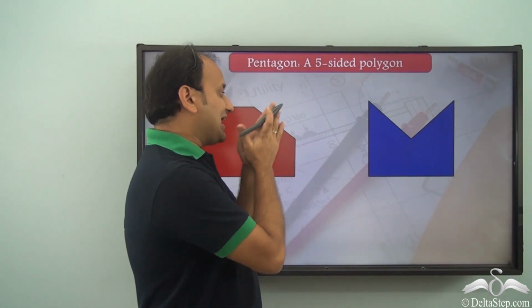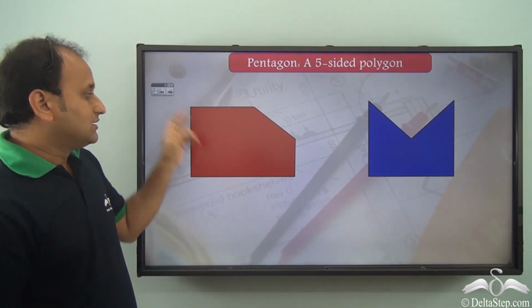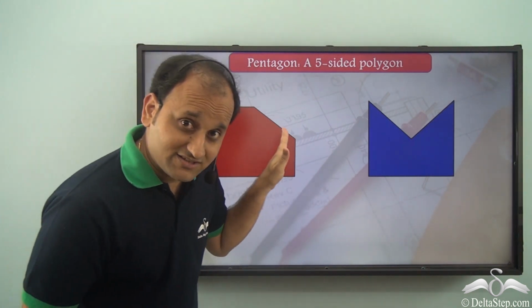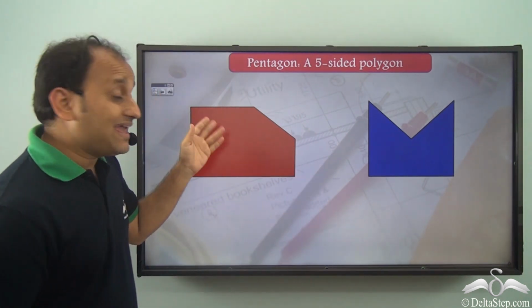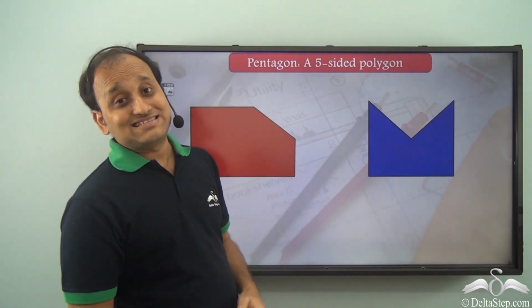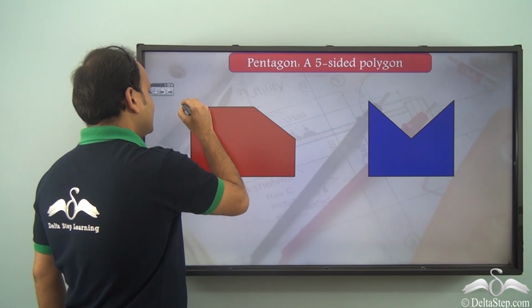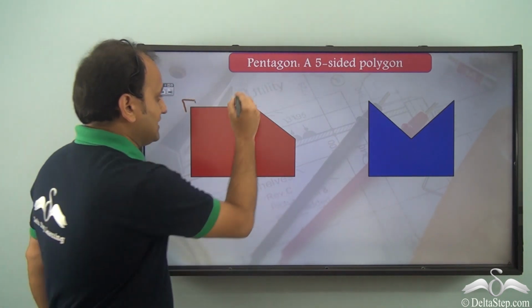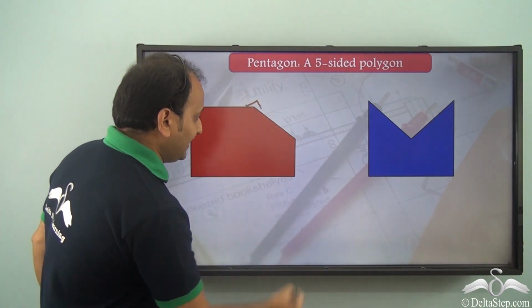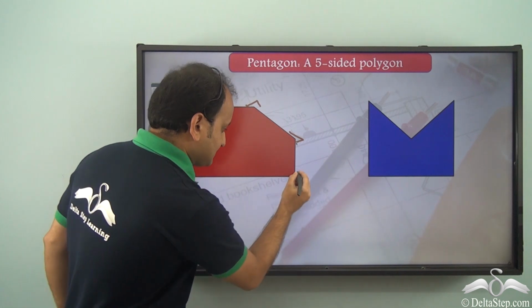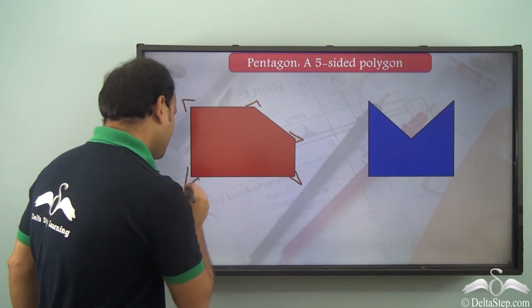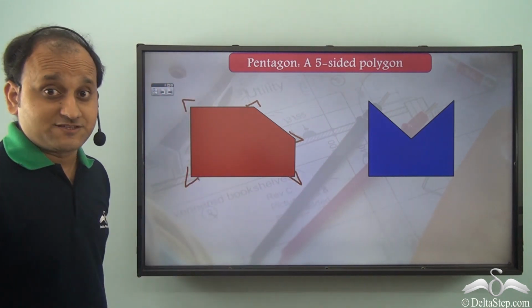Another way in which you can identify whether a polygon is convex or concave is by extending or producing the sides. So here what do we see? We see that the vertices are pointing outwards, isn't it? So this is a convex polygon.